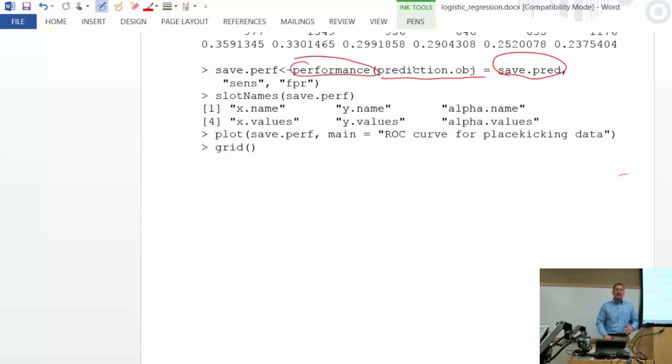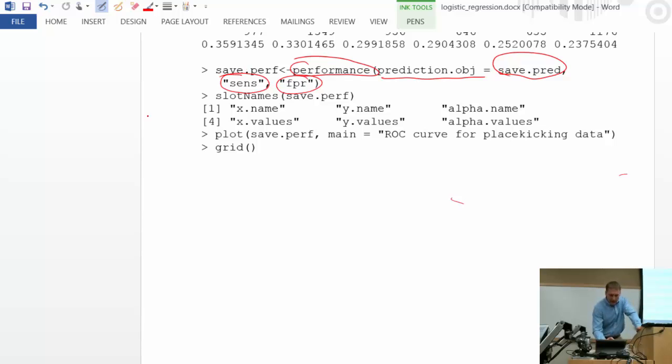And then after that, I specify, well, what overall measures am I interested in? Well, I'm interested in, and this is just the syntax, look at the help for the function, I'm interested in the sensitivity. I'm interested in the FPR, false positive rate. There is another argument you could use in there that we'll look at later called AUC, if you want just the area underneath the curve.